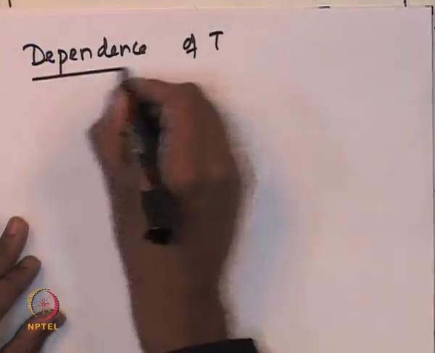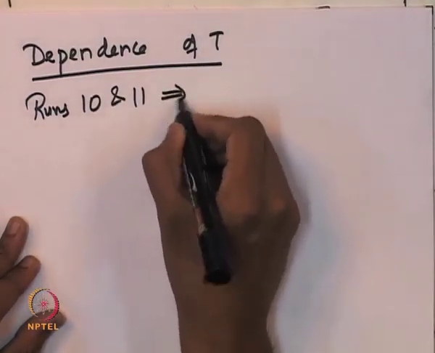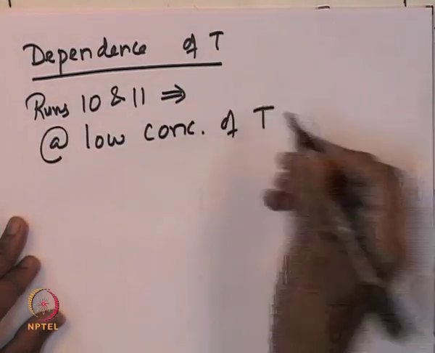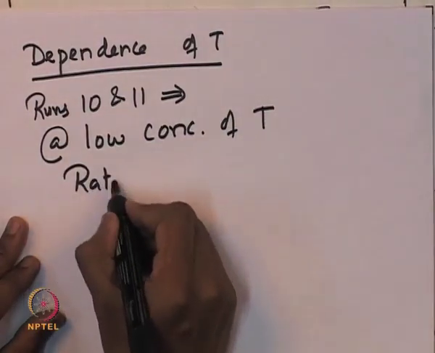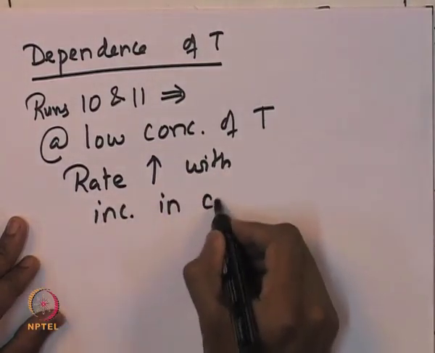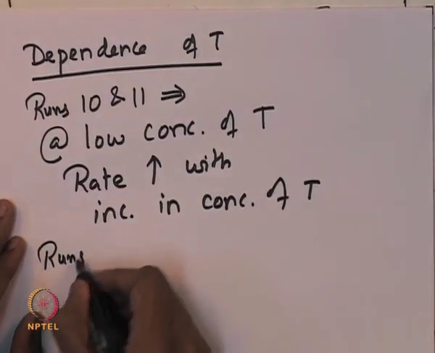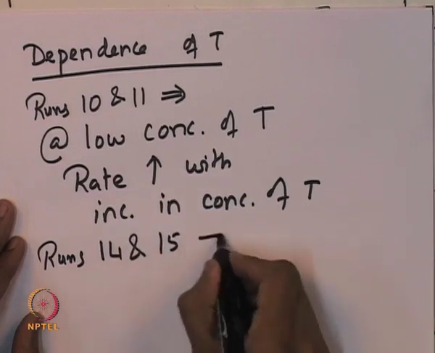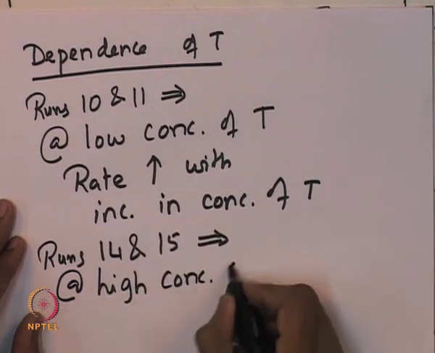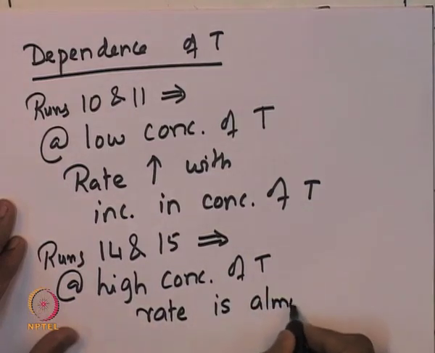So, dependence of T, runs 10 and 11 suggest that at low concentration of toluene, the rate increases with increase in concentration of T. And similarly, runs 14 and 15 suggest that at high concentrations of T, the rate remains almost constant.